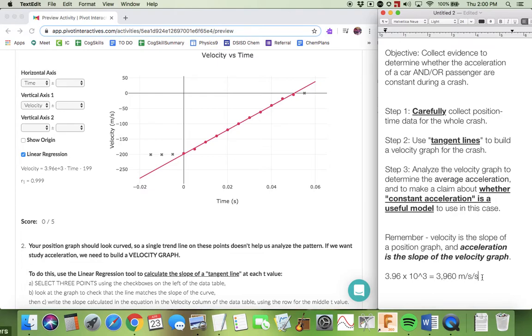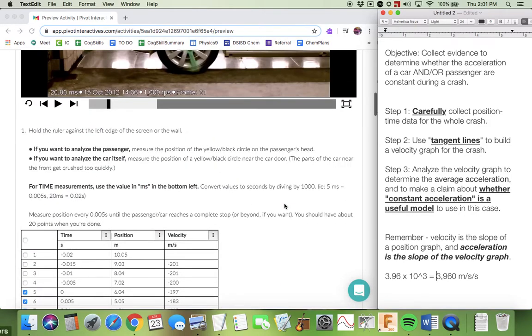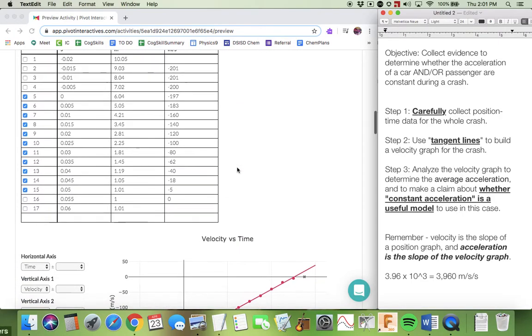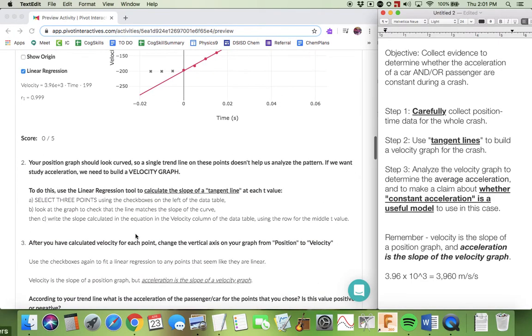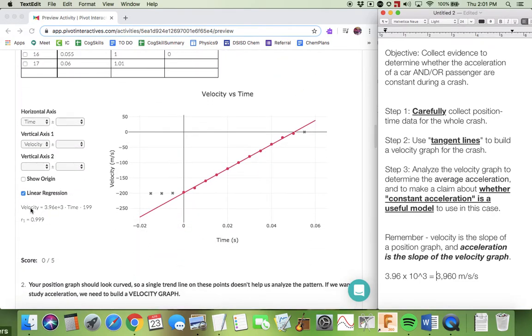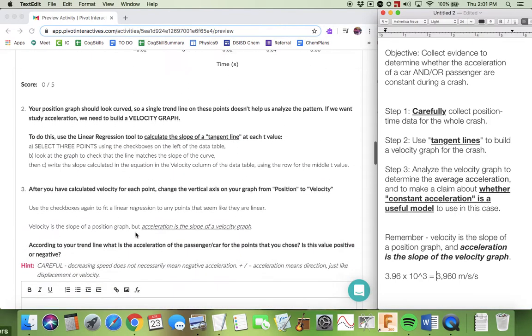That's a huge, huge, huge acceleration. This is like 400 Gs. That is not a reasonable value for this crash. But the reason for that is because I made up these numbers. You are going to find a different slope for your velocity graph, and that number, whether the acceleration is constant or not, will give you an idea of how quickly this car is accelerating during the crash.